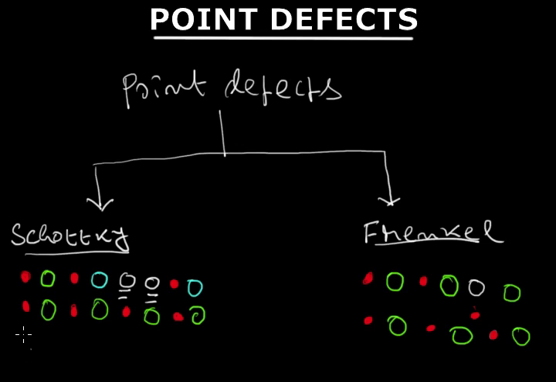Density in Schottky defect decreases because cation and anion disappear. Whereas in case of Frenkel defect, the cation only move from its original position to interstitial space.